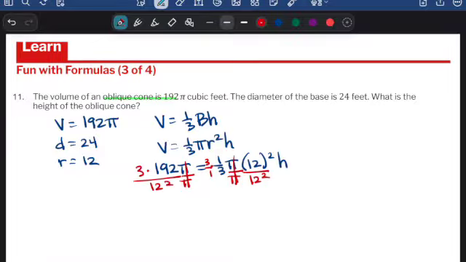So what we're going to do, the pi canceled on both sides, so we will do 3 times 192 and divide it by 12 squared. When we do all those calculations, we get a height of 4 feet.